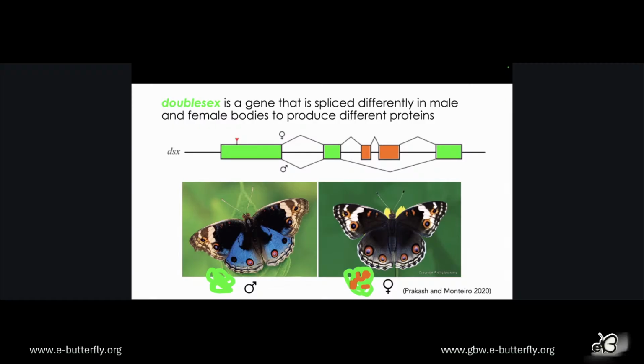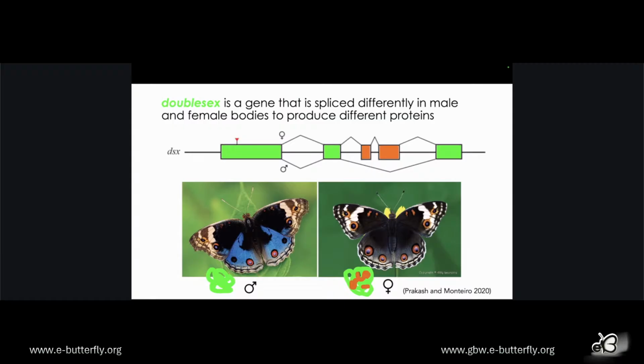So they use these different proteins to tweak a bunch of different networks, a bunch of different regulatory programs, in unique ways in order to produce male-specific patterns or female-specific patterns. It pretty much all lies in these two proteins that are slightly different in shape.